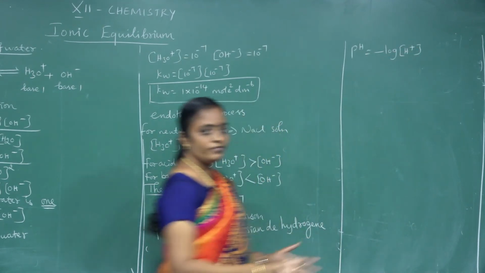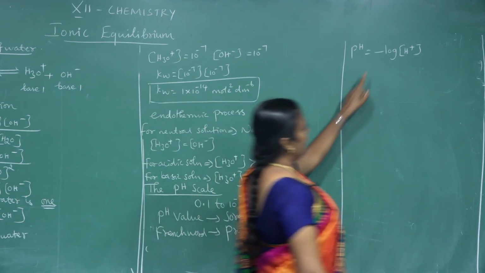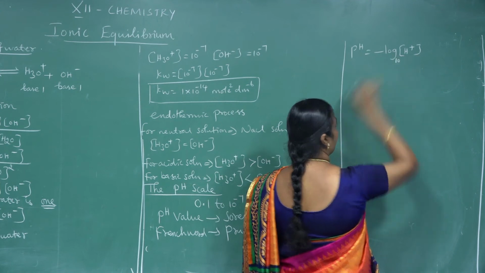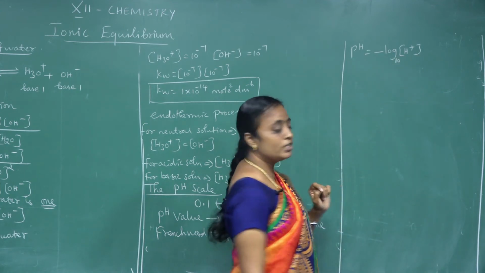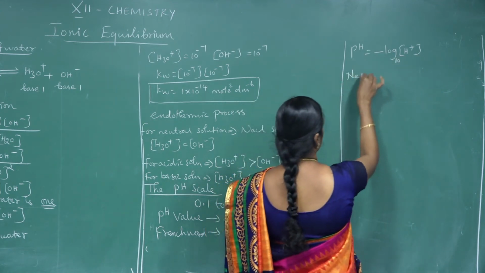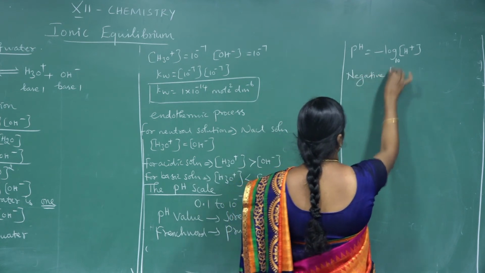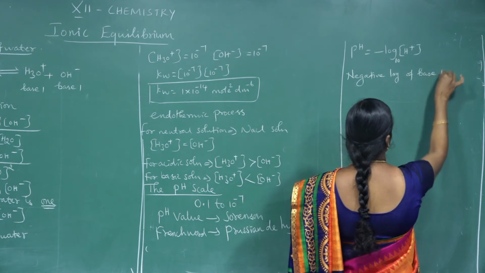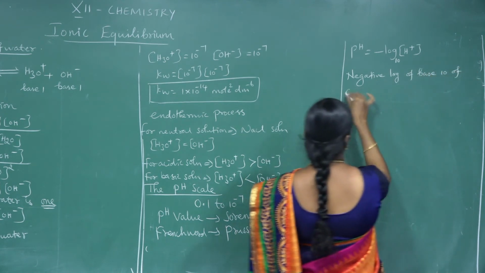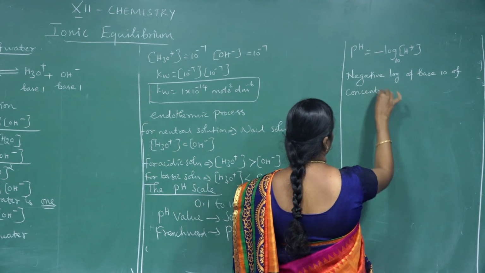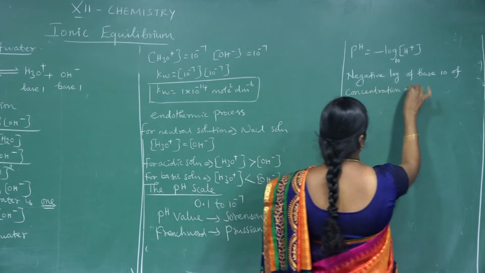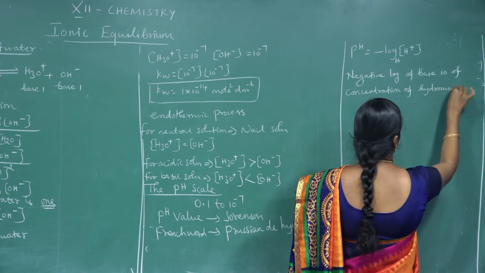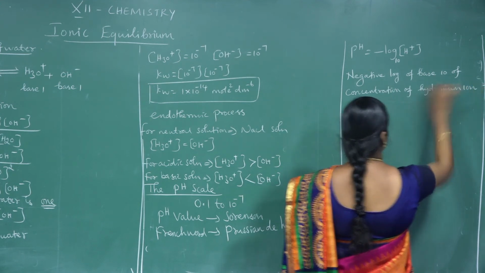It is the negative logarithm of base 10 of the concentration of hydronium ion, that is pH.